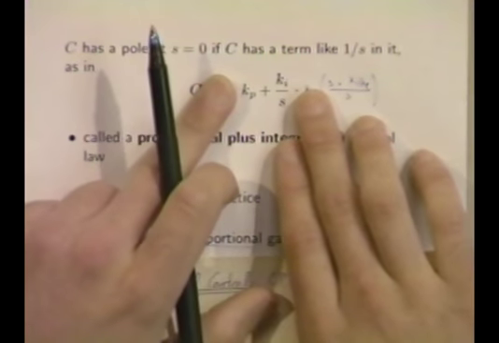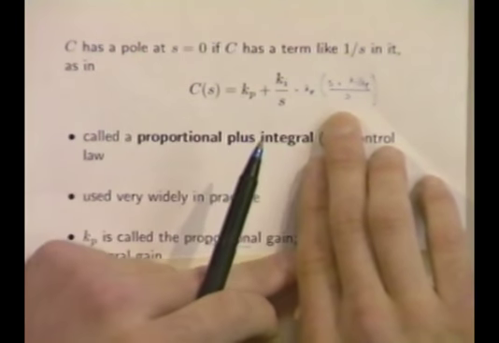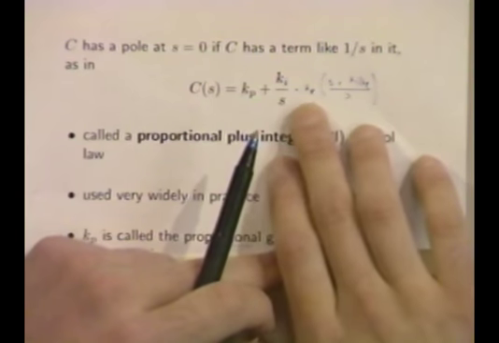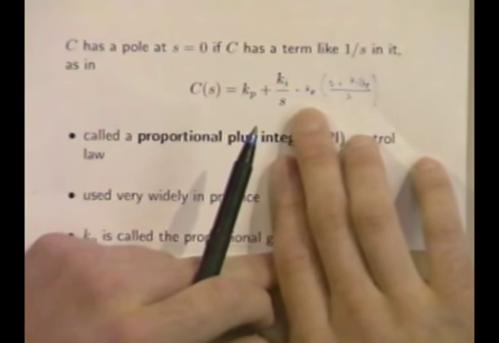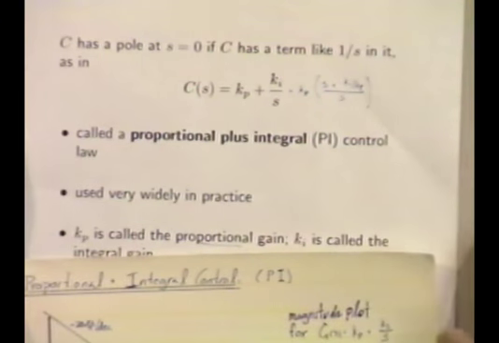I don't like seeing this so much. I prefer to rewrite this in this form. For me, it makes more sense because I can see the 0 and the pole and the DC and the high frequency gain right away. That helps me understand what's going on more.